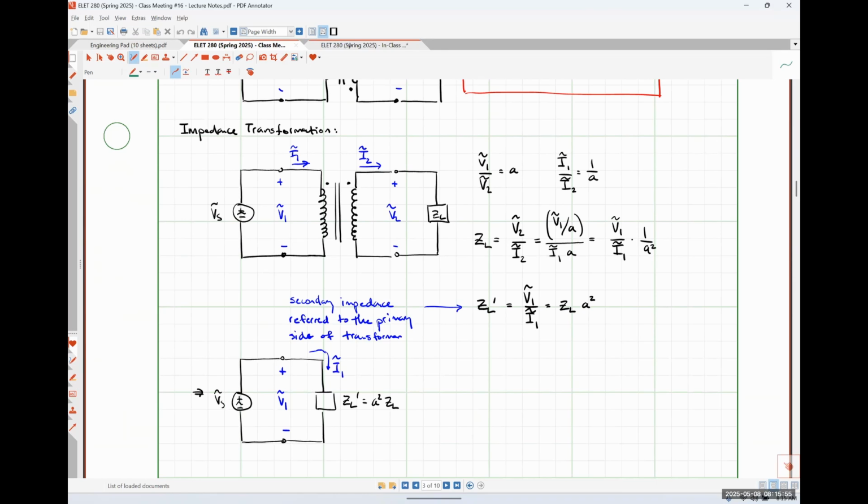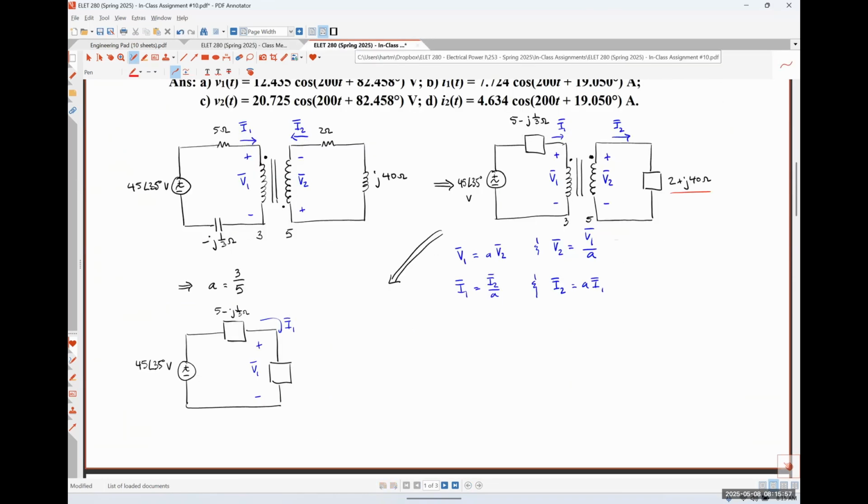So this impedance right here is just going to be A squared times 2 plus J40 ohms, which would be 3/5 squared multiplied by 2 plus 40i.